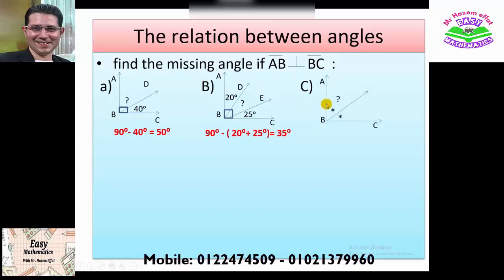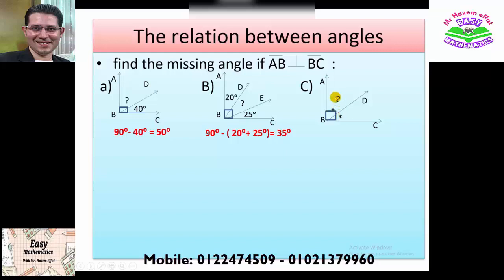Letter C. Also he gave me here AB perpendicular to BC, it means ABC equals 90 degrees. But here he gave me two stars. What is the meaning of these two stars? It means when we have the same sign, they are equal angles.